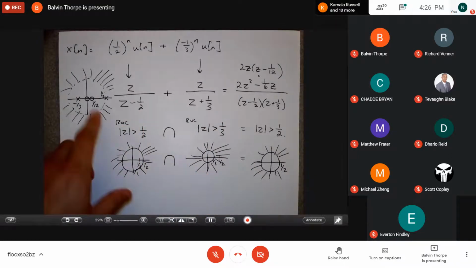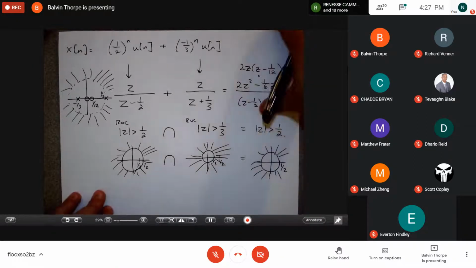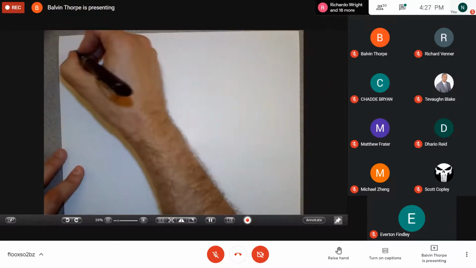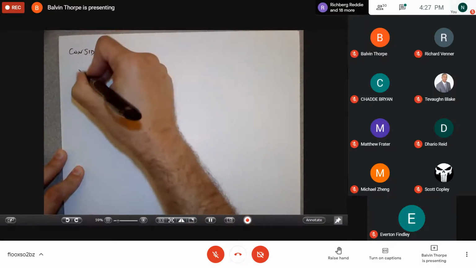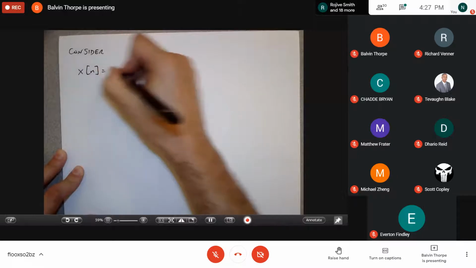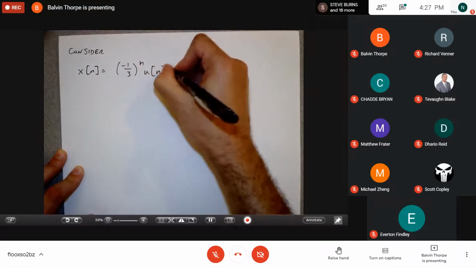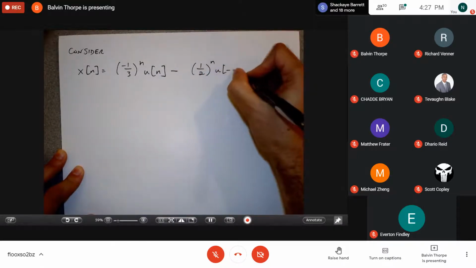And just to illustrate the point that, just as in the previous example, a right-sided signal and a left-sided signal gave me the same algebraic form of Z but different Z transforms, I can construct a signal that does the same thing here. I'm not going to work out all the algebra, but if I consider this signal, it has a part that is right-sided and a part that is left-sided.